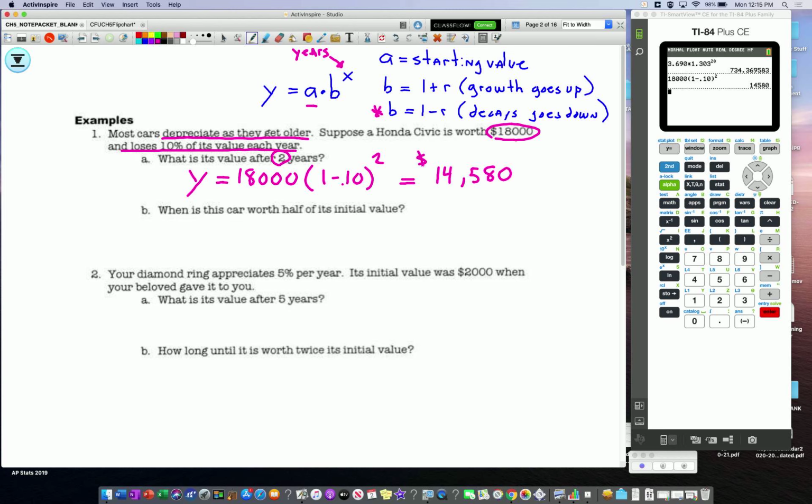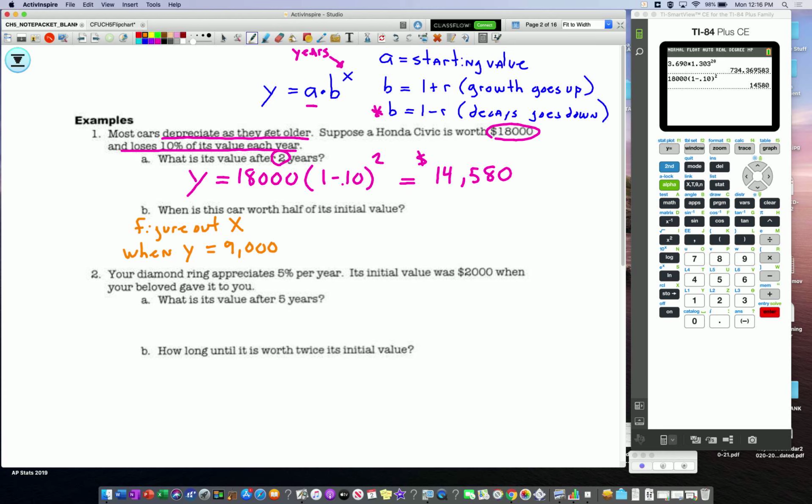All right, so then it says, when is this car worth half its initial value? So we want to figure out x when y equals half of 18,000, which is 9,000.